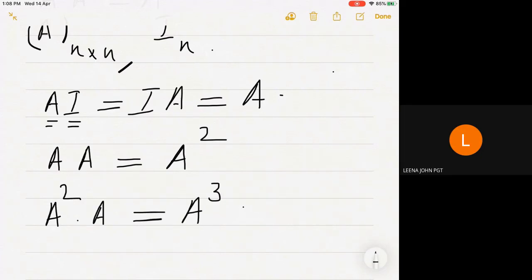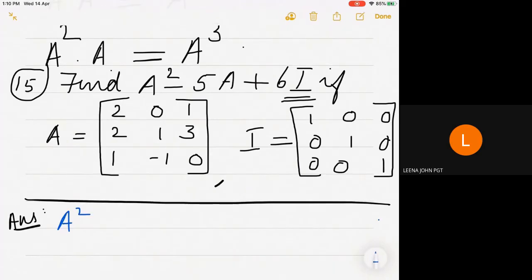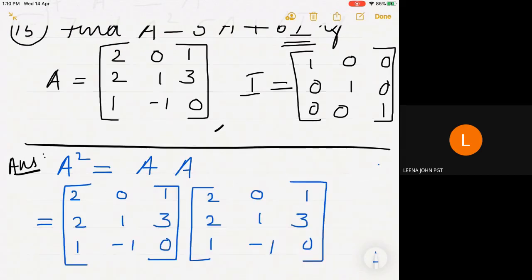So there is a question: find A square minus 5A plus 6I. First, A square equals A into A, so you have to multiply the matrix A [2 0 1; 2 1 3; 1 -1 0] two times.